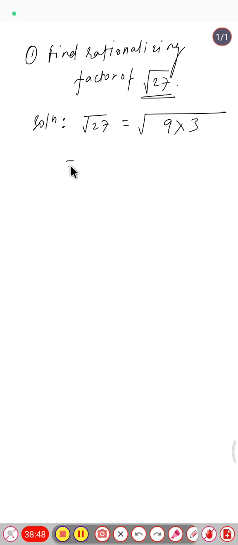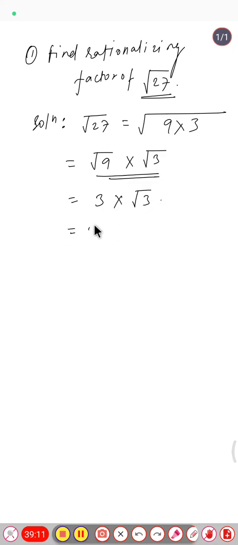Now here it's root 9 and here it's root 3. As we know, the square root of 9 is nothing but 3, and root 3 is remaining. Now when we multiply 3 root 3 by root 3, root 3 into root 3 becomes 3, and we get the answer 9.